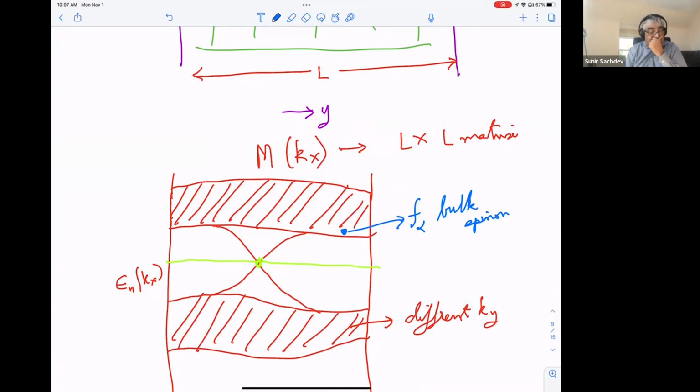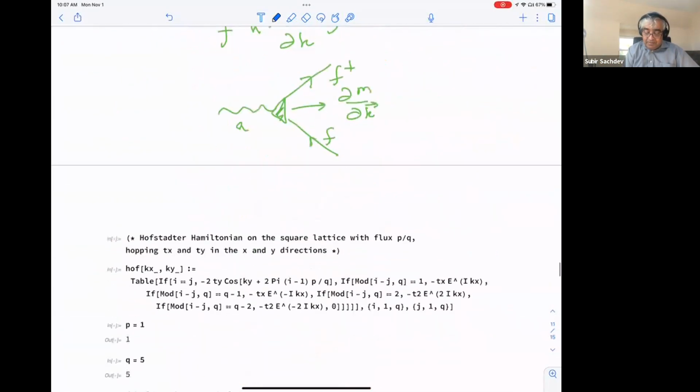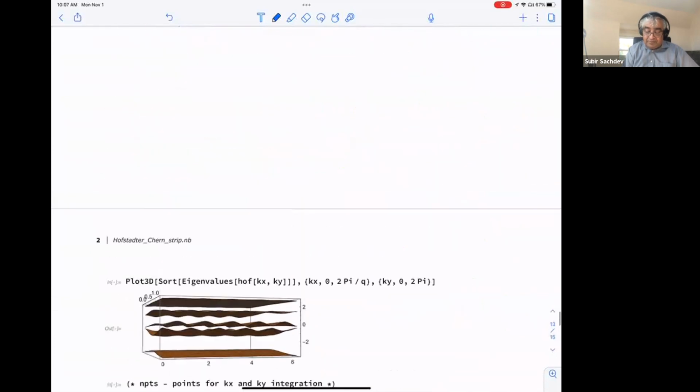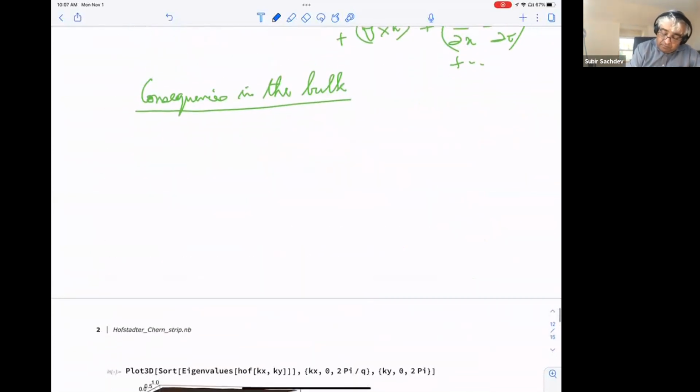This gapped excitation you can create in the bulk is in fact not a fermion. And that's the consequence of the Chern-Simons term. So what happens is that F alpha, the spinon, becomes, in this case, what people sometimes call a semion.